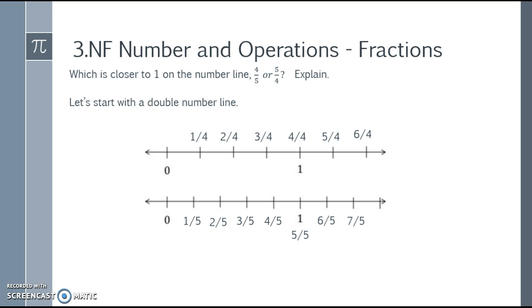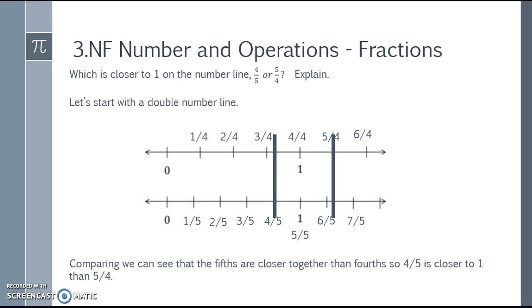Similarly, I'm going to label my bottom pieces using fifths. 1/5, 2/5, 3/5, 4/5, 5/5, 6/5, and 7/5. Now I can identify where 4/5 and 5/4 are on the number line and line them up to see what we can find out. So when I line up 4/5 and 5/4, I see that 4/5 is closer to 1, more so than 5/4.